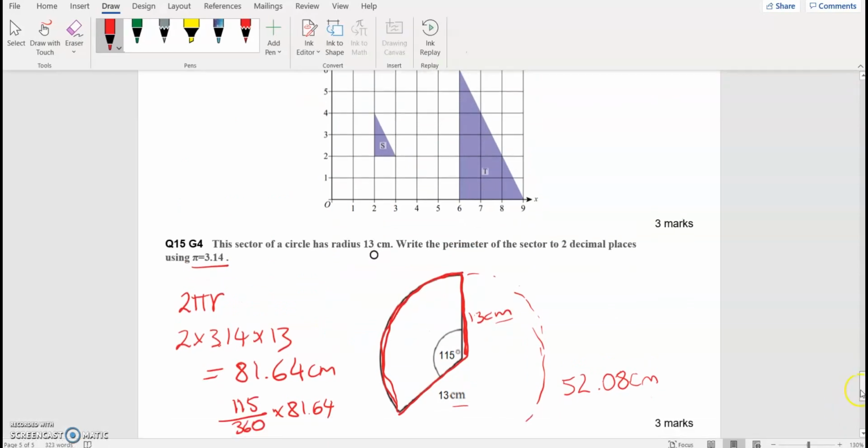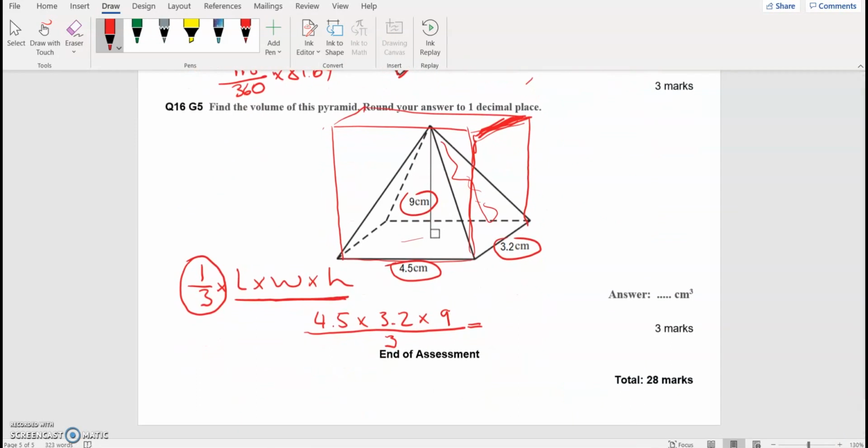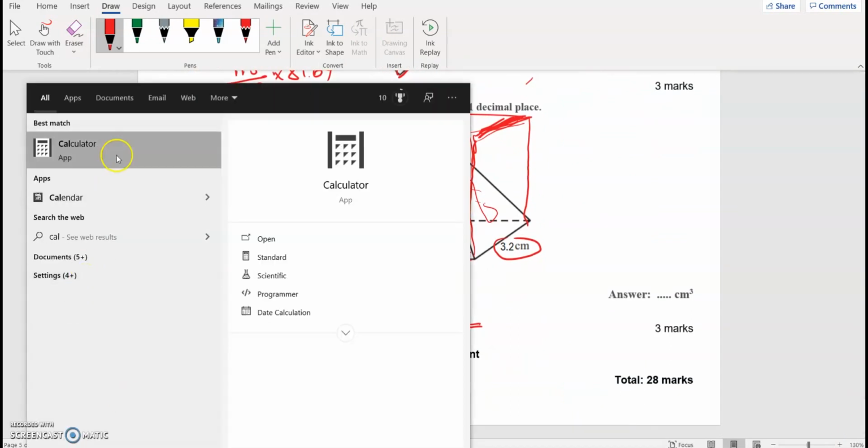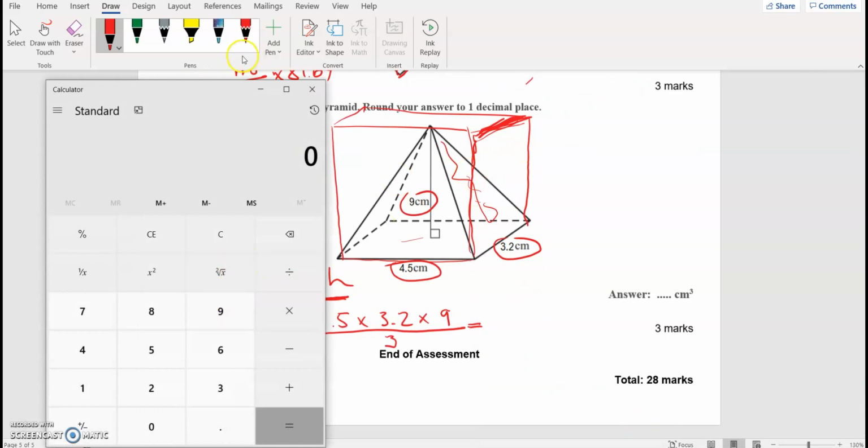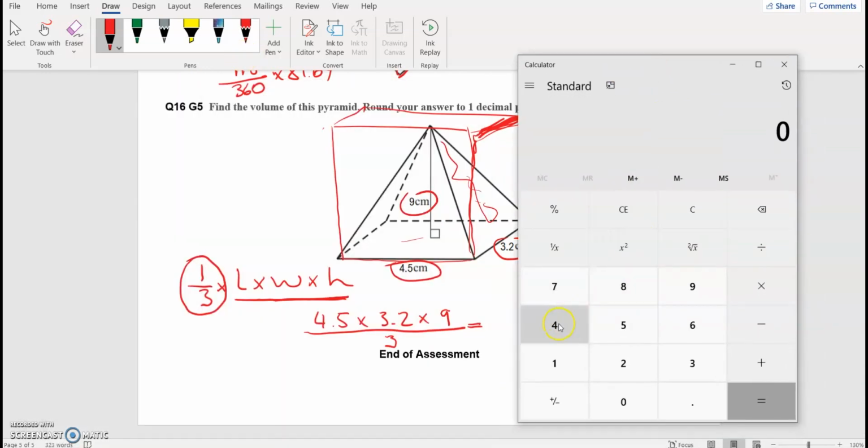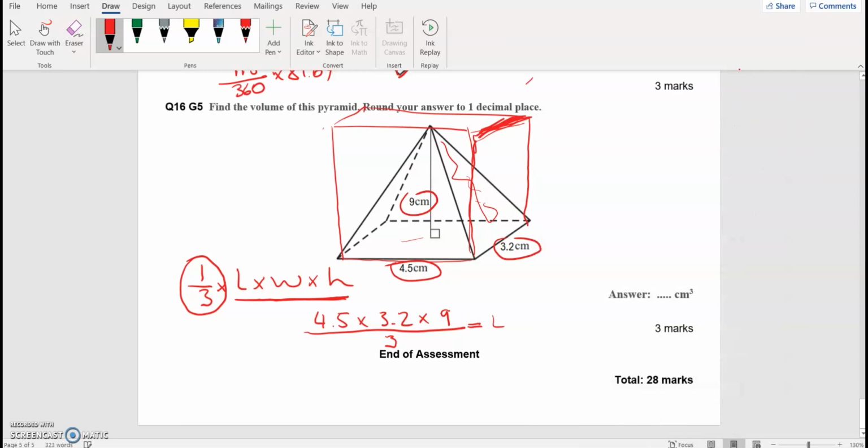So we'll get the calculator out. 4.5 times 3.2 times 9 divided by 3, 43.2, and the unit is centimeters cubed.